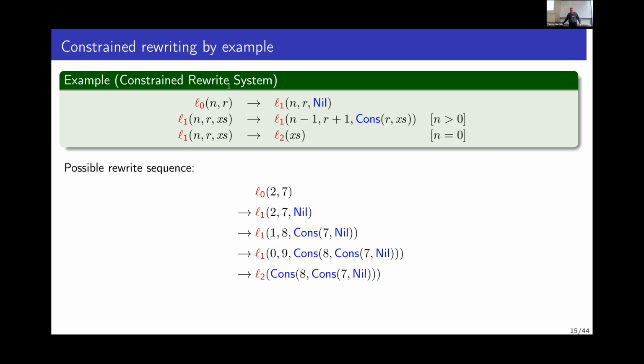And we reach L2 of the list of 8 and 7. So here, numbers like 7 and 8, formally they're predefined constants. On the formal side, what we've traded in is an infinite vocabulary, an infinite signature, because there are infinitely many integers already. But that's not such a problem in practice.